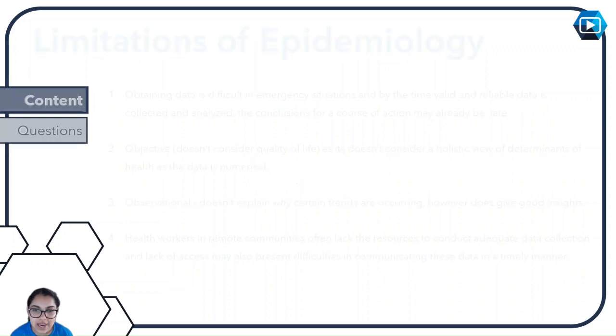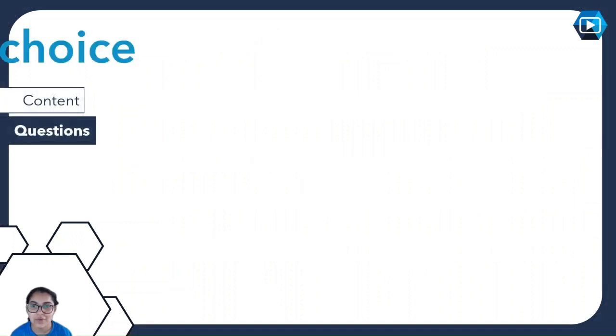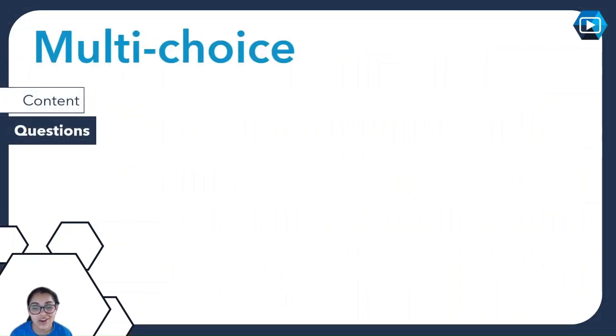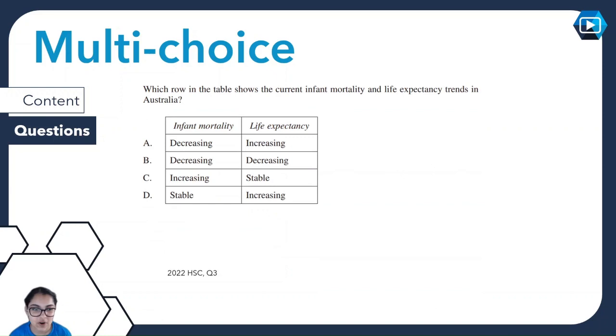So let's now put all our learning into practice, and let's begin with a multiple choice question. This question is from the 2022 HSC paper, and we have to identify which row in the table shows the current infant mortality and life expectancy trends in Australia. Luckily you would not be asked to provide statistics as such.